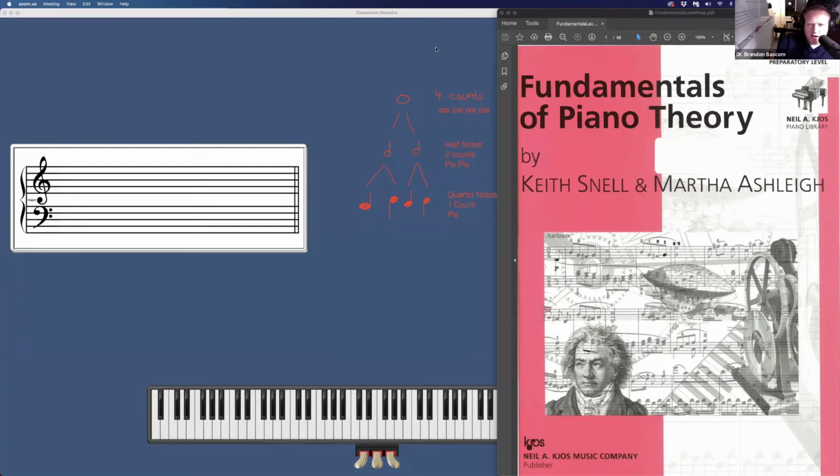We can take our 4 quarter notes and we can divide that into 8 eighth notes. And you can end up seeing eighth notes a lot of different ways. So you can see them in a group of 4, all beamed together.